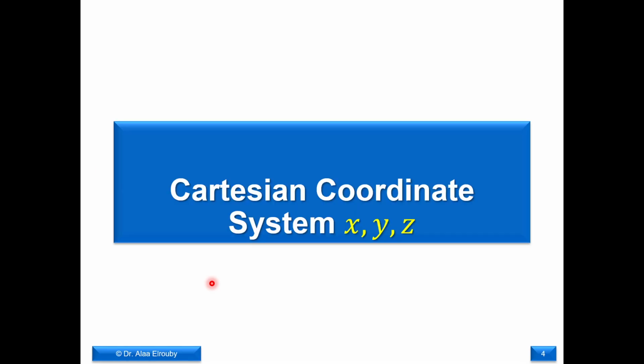So let us start now with the details of the Cartesian coordinate system. I know that mostly you have come across this in your education before, but we'll have some different angles and points to emphasize in this part.